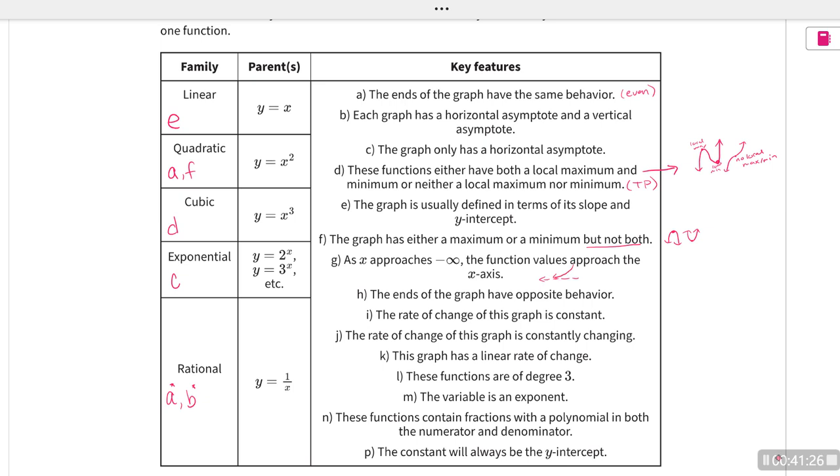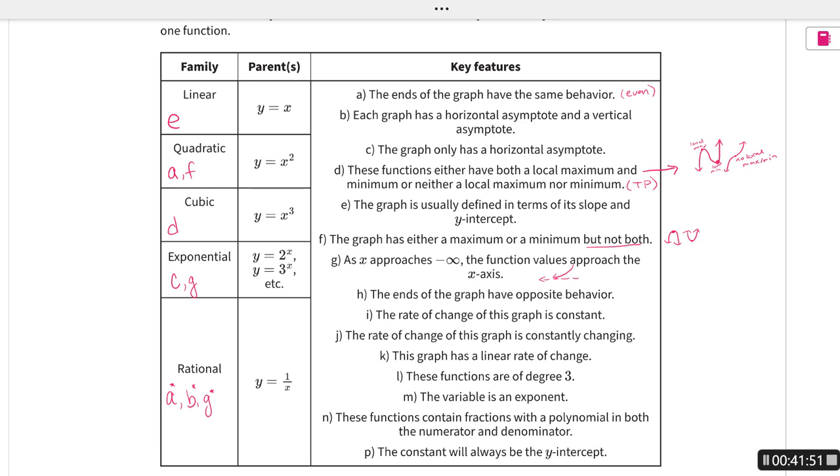Well, this is true for an exponential. That's basically describing a horizontal asymptote. And rational functions can also have that horizontal asymptote. Again, rationals look so many different ways.